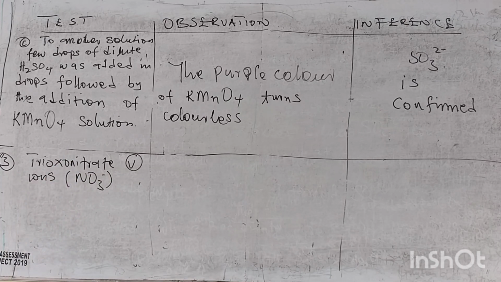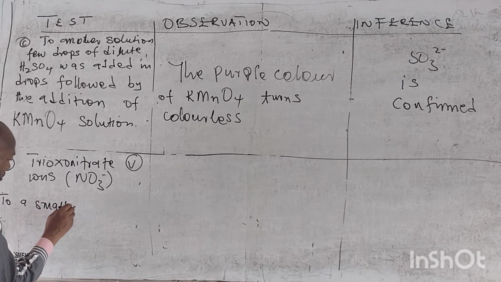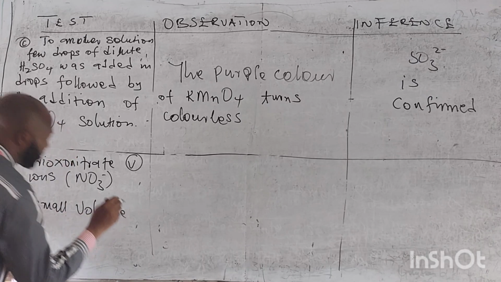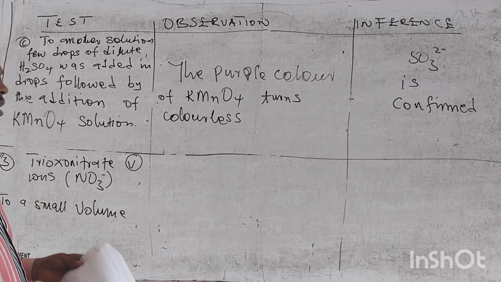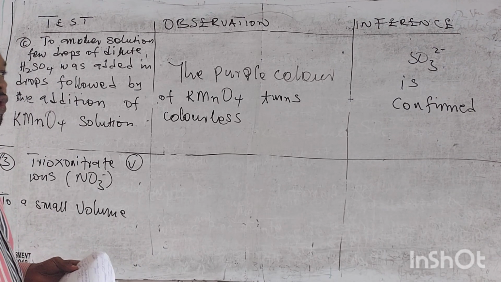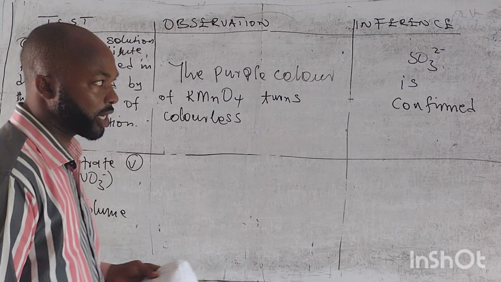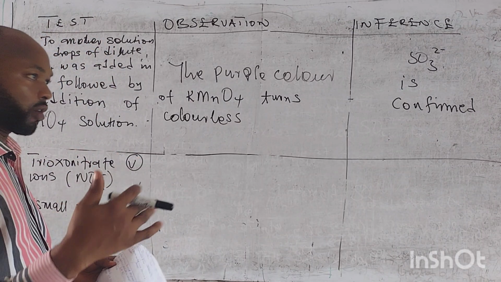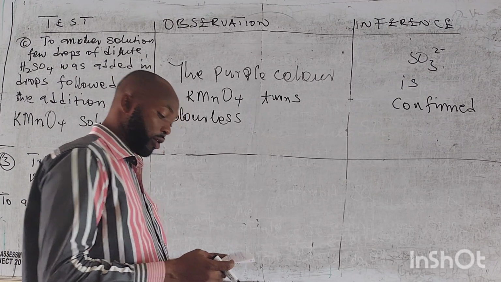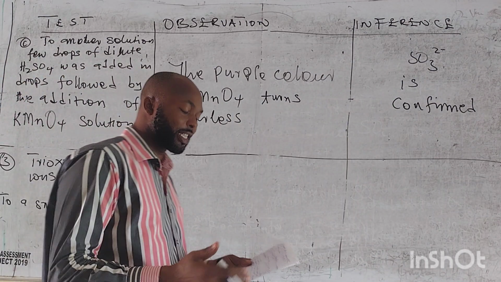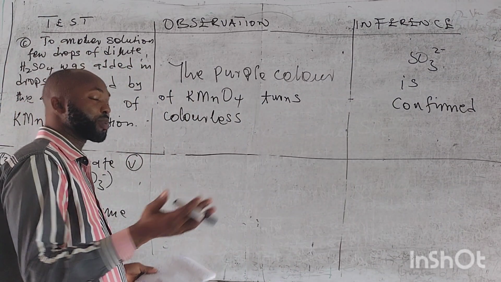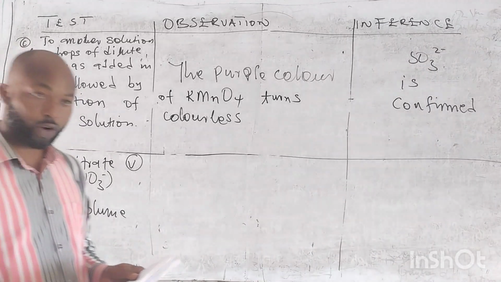Before we proceed further, let's take note. We've tested for SO4. To that solution we add barium chloride, and we get a white gelatinous precipitate. We have SO4, SO3, CO3, all of that present, or suspected. Then, followed by addition of excess dilute HCl, the white precipitate is insoluble, and we say SO4 confirmed.